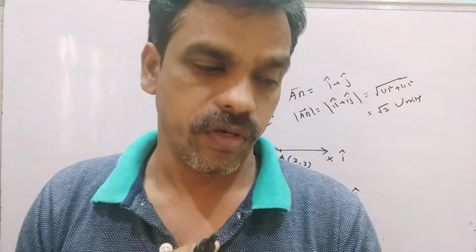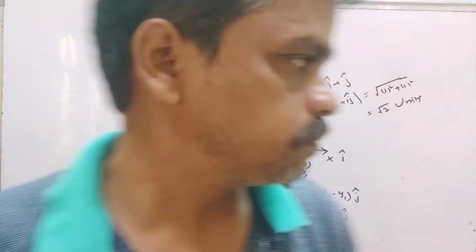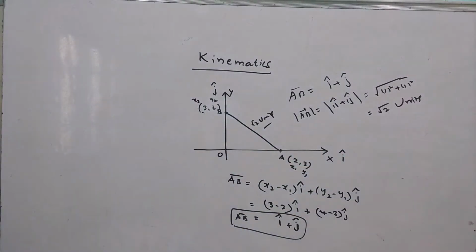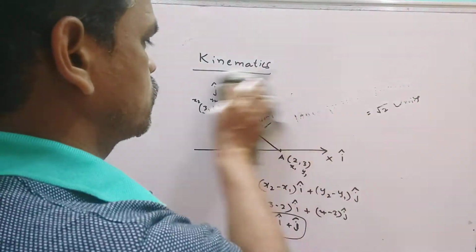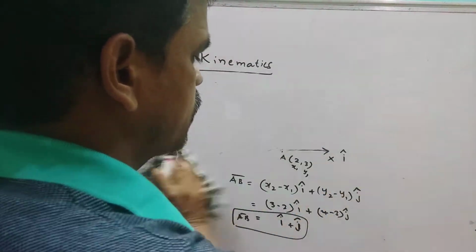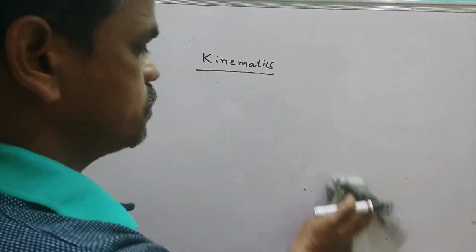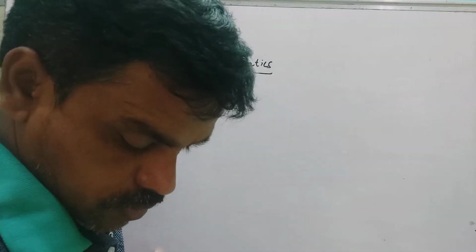In the last video we discussed distance, how to calculate it in vector form. Now I am going to discuss displacement. So here in kinematics, distance is the main concept.